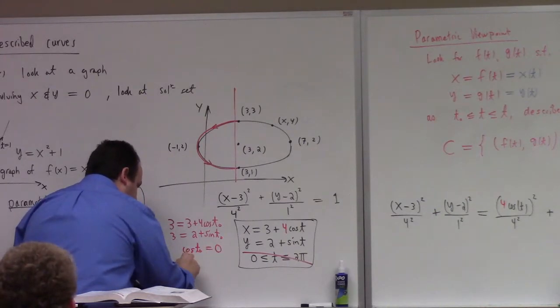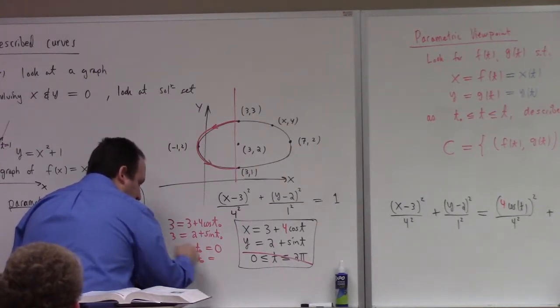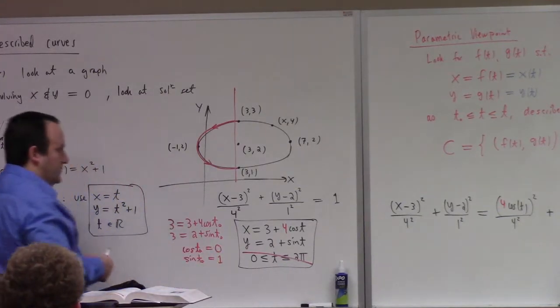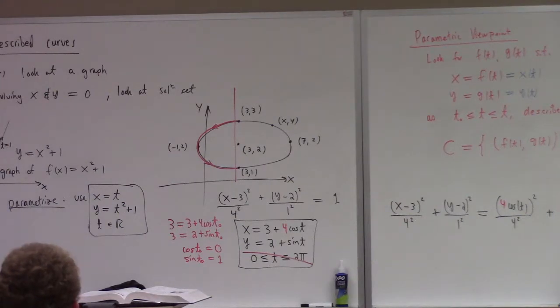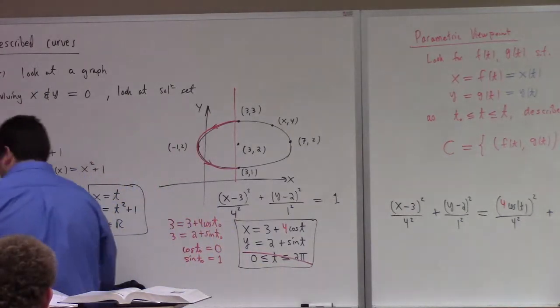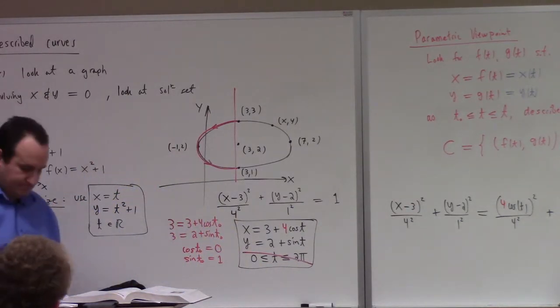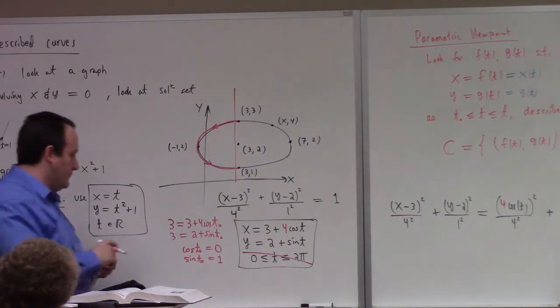And I need sine of my initial time to be what? Looks like 1. So what t naught does that for me? Yes, pi over 2.